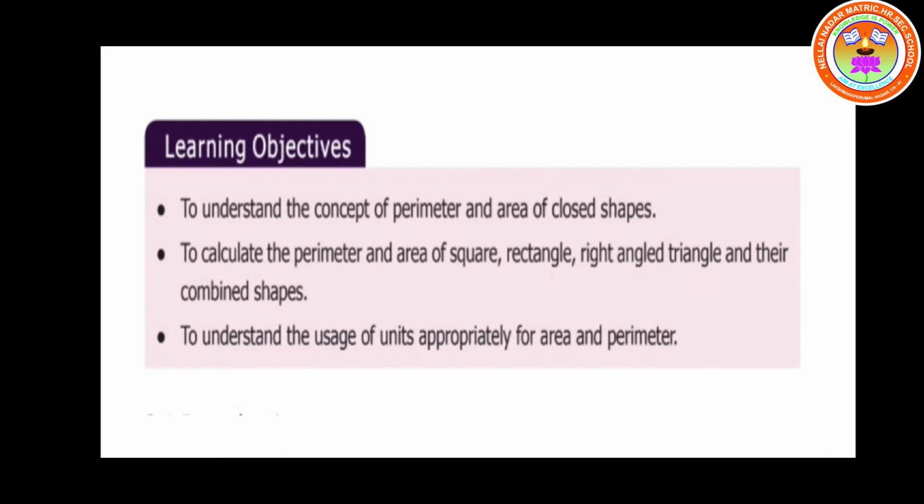And next, to calculate the perimeter and area of a square, rectangle, right-angled triangle and the combined shapes. And next, to understand the usage of units appropriately for area and perimeter. Okay, these are the learning objectives of this chapter.